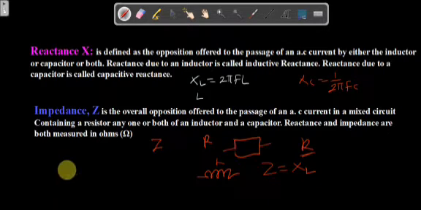If it contains a capacitor only, then the impedance will be equal to the capacitive reactance. Overall, the impedance is the opposition to the flow of current in an AC circuit offered by the resistor, the inductor, and the capacitor. It can be either a resistor and inductor, or a resistor and a capacitor, or a resistor and both inductor and capacitor. Okay.